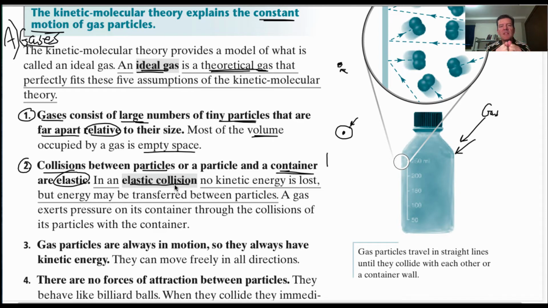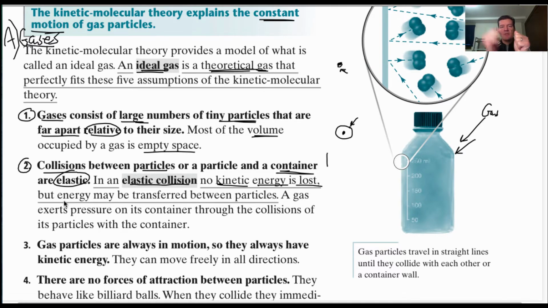A completely elastic collision means, as is described here, that there's no kinetic energy lost. In other words, they change directions, but they don't lose any energy. That's what we mean by a purely elastic collision. So one particle may slam into another.